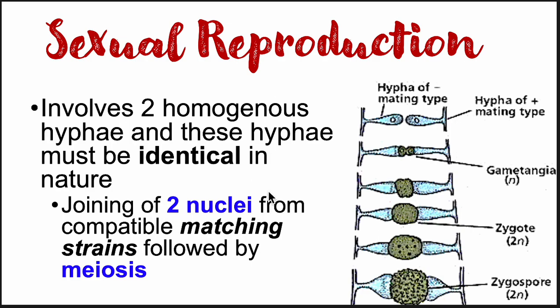This involves joining of two nuclei from compatible matching strains, followed by meiosis. At the end, you have the production of zygospores. That's the product of sexual reproduction: two identical hyphae fusing together, the two nuclei fusing together, forming a zygospore.